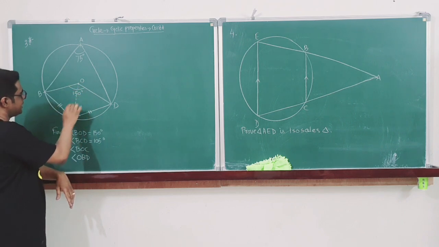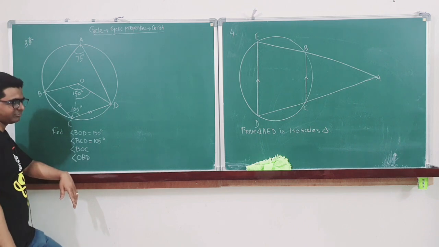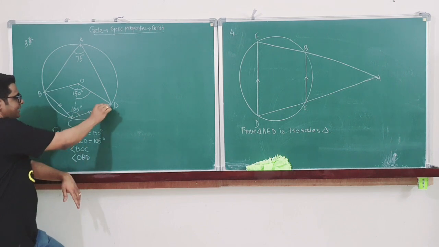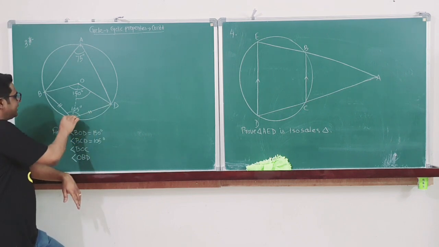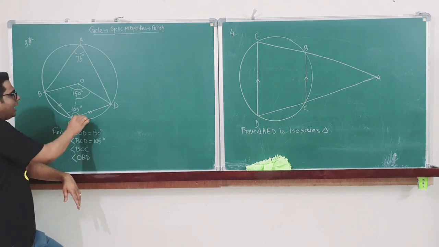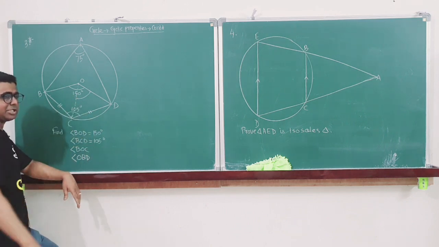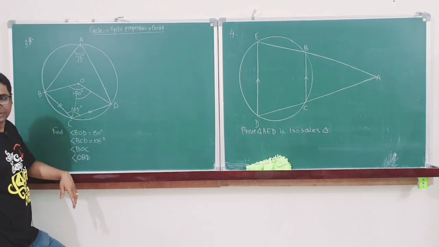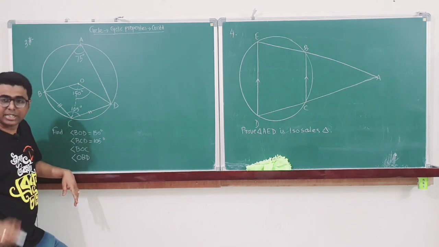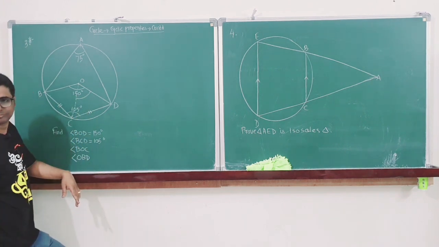That means this angle. How is it 75? See, this is CD, this is CB, both are equal. Equal chords subtend equal angles at center.